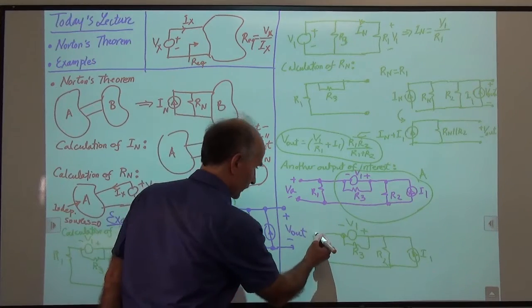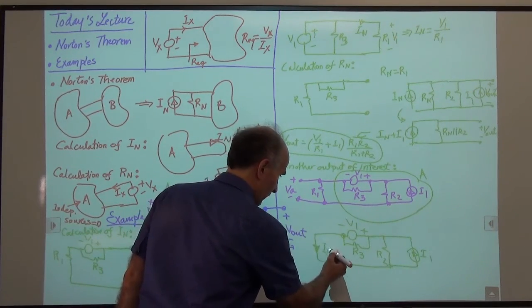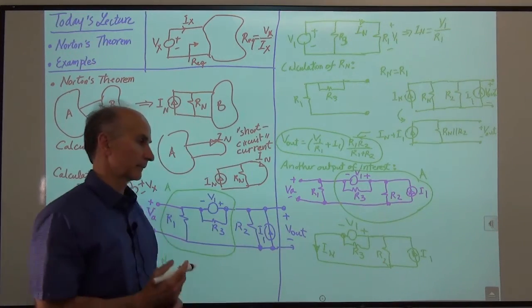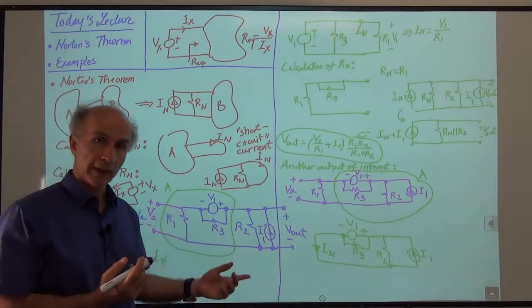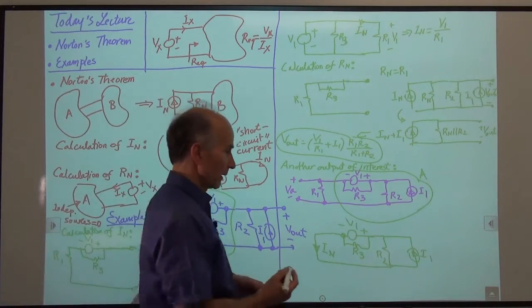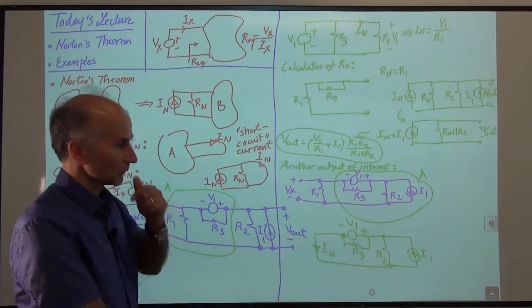And then we place a short circuit here, and the current is going this way, I_N. So our job is to find I_N in terms of all the stuff that we have here. Okay, so let's see how we can do that.